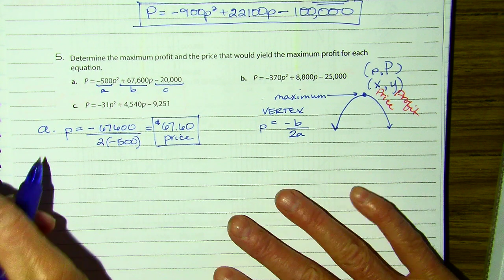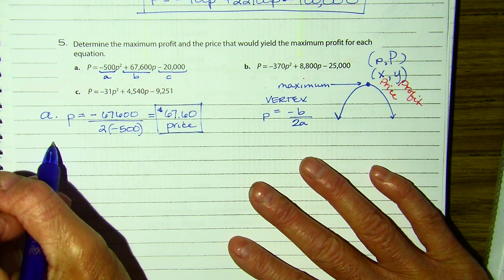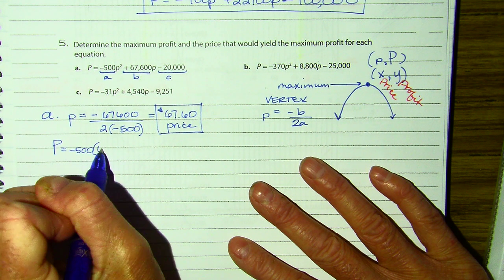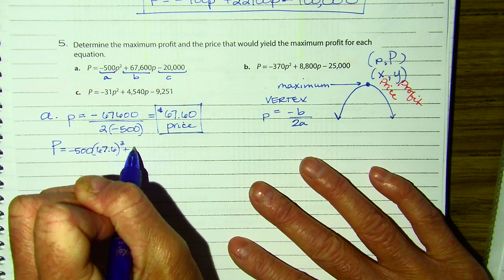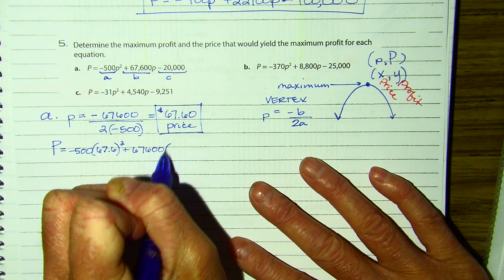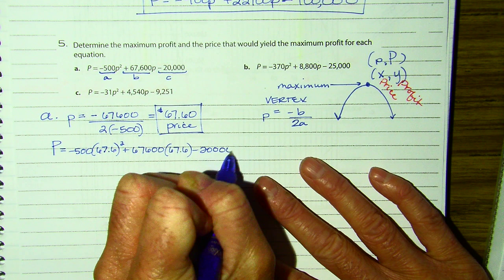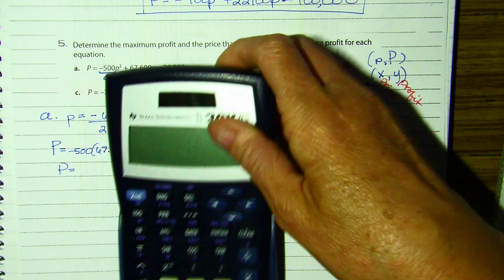In order to find the profit, I have to plug it back into my equation. So profit equals negative 500 times 67.60 squared plus 67,600 times 67.6 minus 20,000. So I'm going to enter that in my calculator just the way it appears.